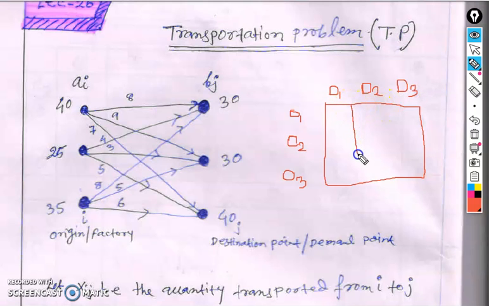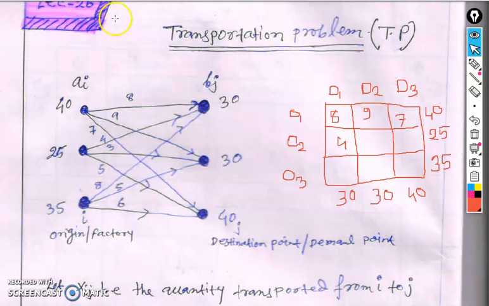According to this diagrammatical representation, if we make a tabulation form of this problem, this is the tabulation form of the given matrix.